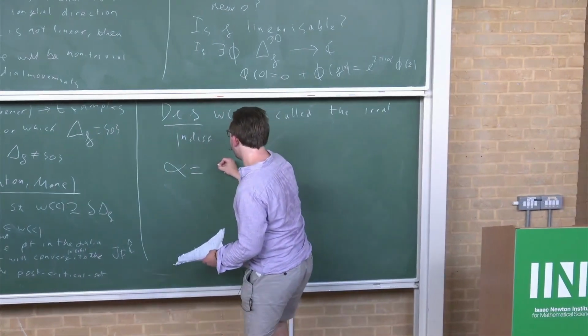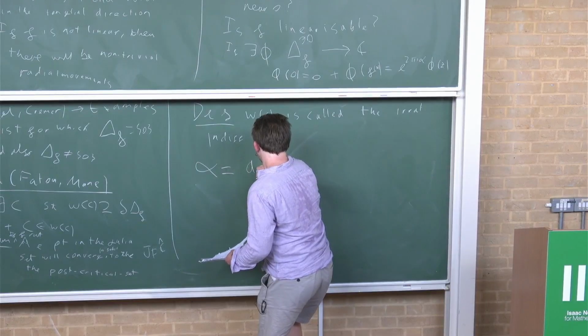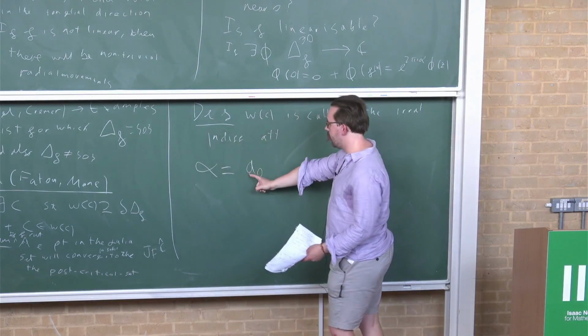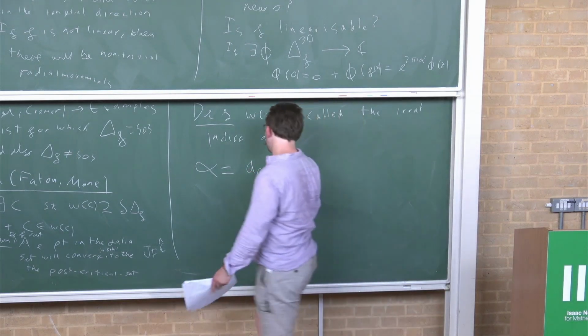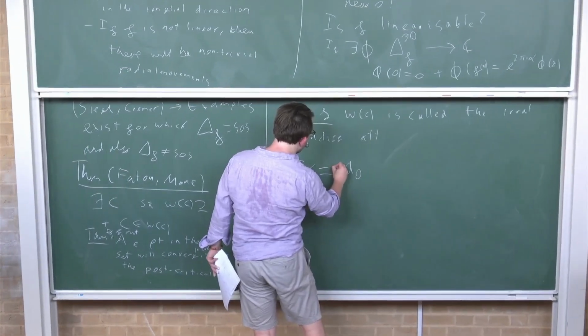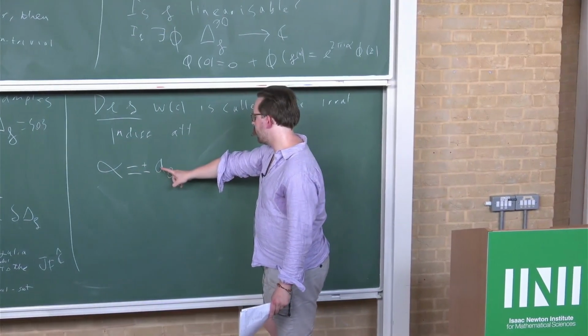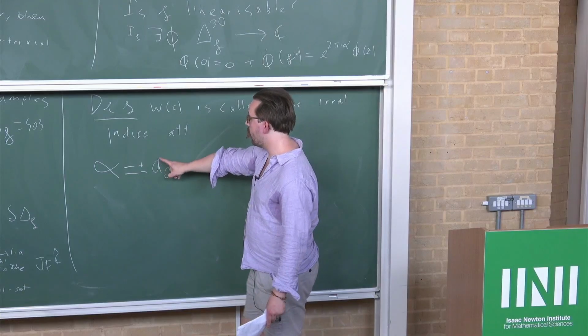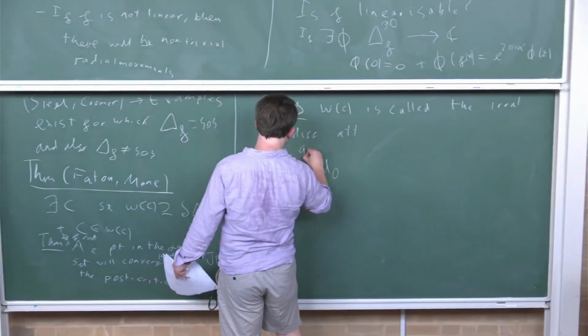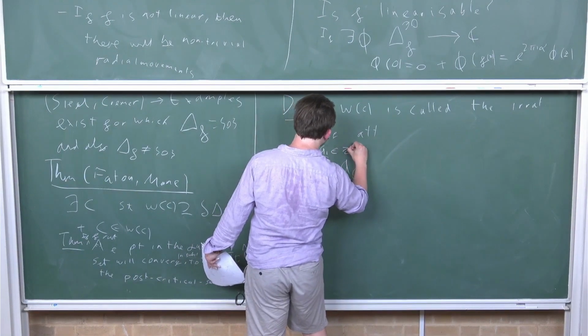So you get this alpha is going to be equal to some initial a0, and we want to enforce every parameter to be positive. So all a_i are positive integers.